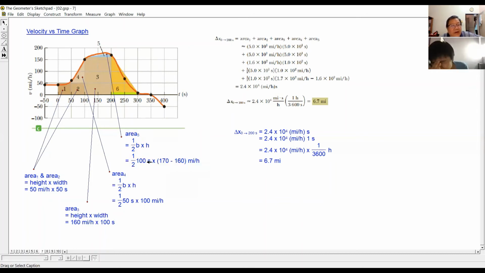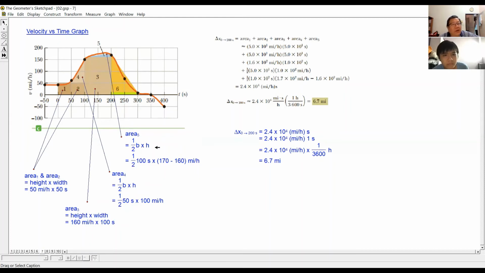Sorry, I thought 50 just now. Then what is the small height here? They estimate it to be 170 minus 160, about 10 miles per hour.